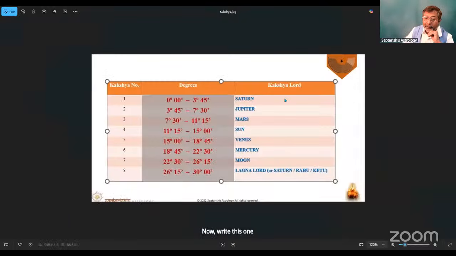Now, write this one rule down. Any planet in the first 3 degrees, broadly take it now, Kaksha 3.45, okay? So, in the last 3.5 degrees and the first 3.5 degrees will give you lot of tears.